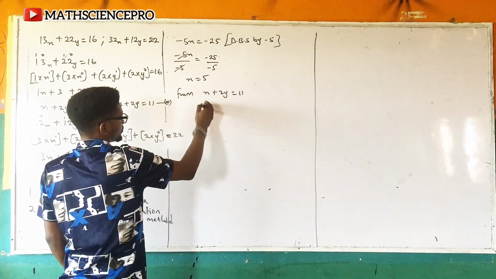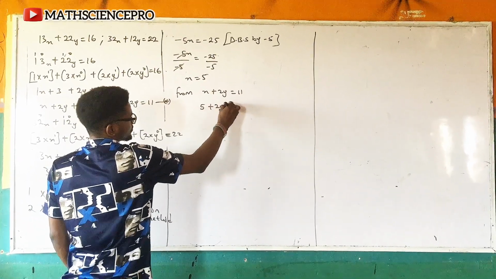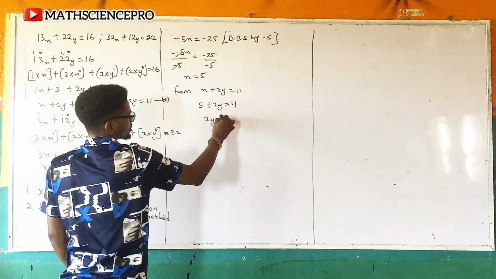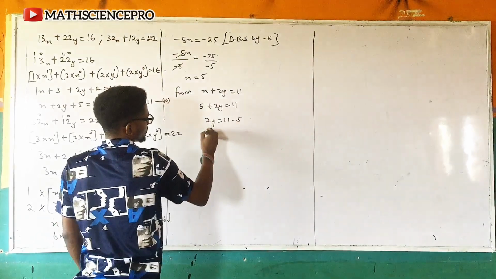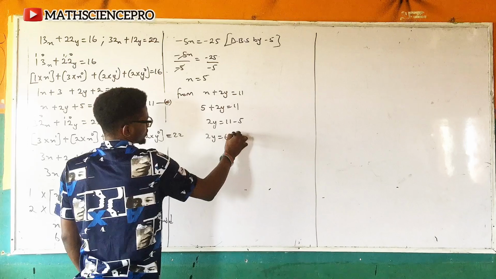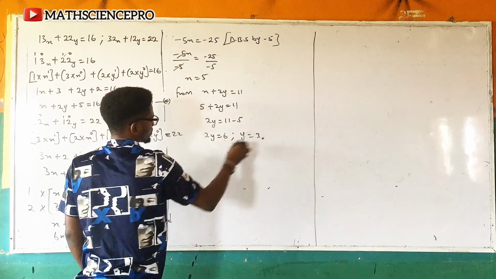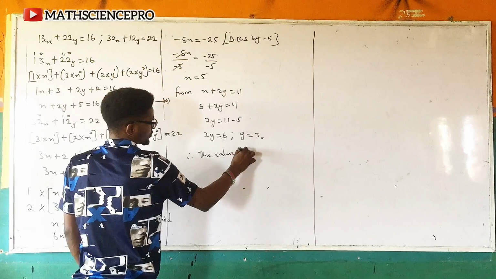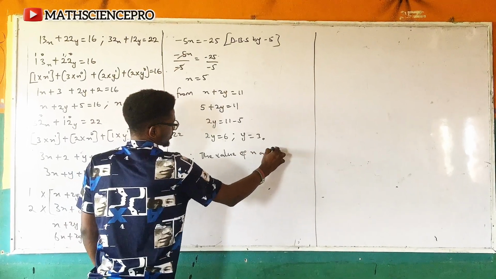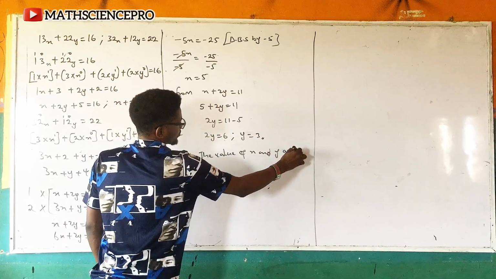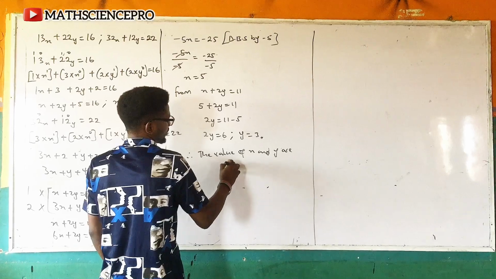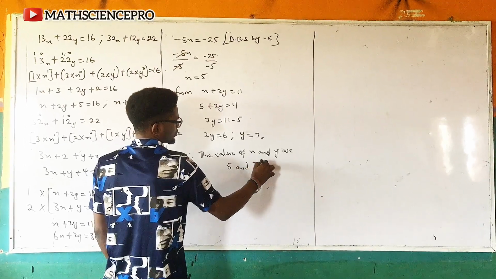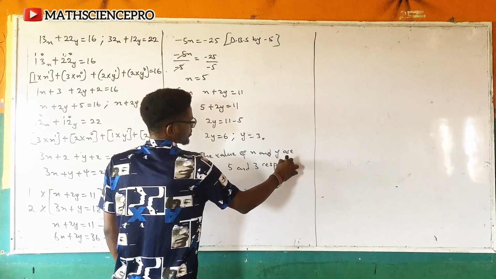I've gotten x already to be 5, so 5 plus 2y is 11. Means 2y is 11 minus 5. Means 2y is 6. So it means my y is 3. Therefore, the values of x and y are 5 and 3 respectively.